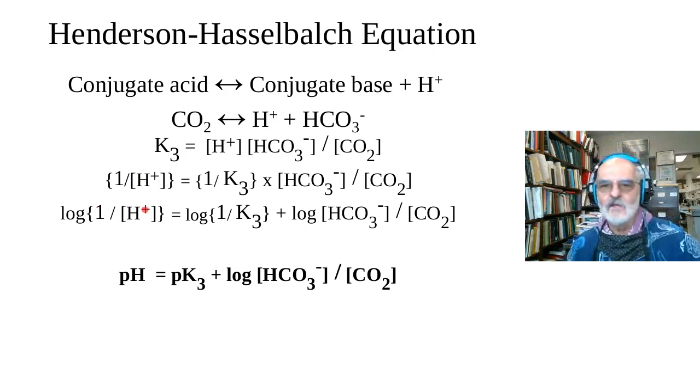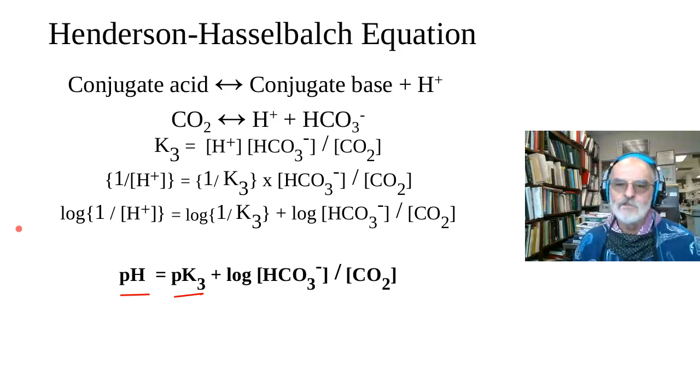The log of 1 over H is actually the log of H to the minus 1, which is actually minus the log of H, which is pH. And the same here, the log of 1 over K3 is actually pK3, because it's log of K3 to the minus 1. It's minus the log, it's pK3. And then this final term over here is still the log of the ratio of the conjugate base over the conjugate acid. So this is simply writing down Henderson-Hasselbalch for this overall equilibrium.